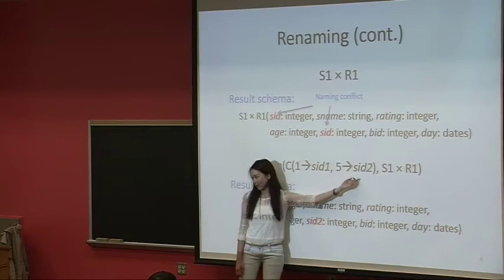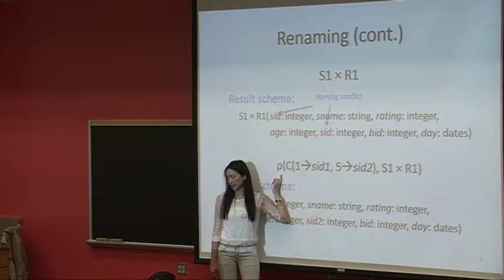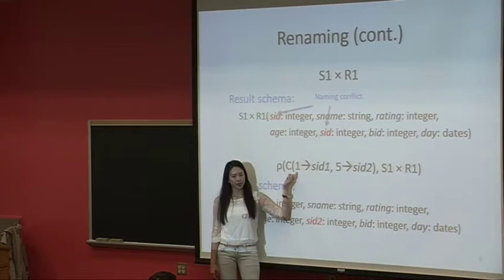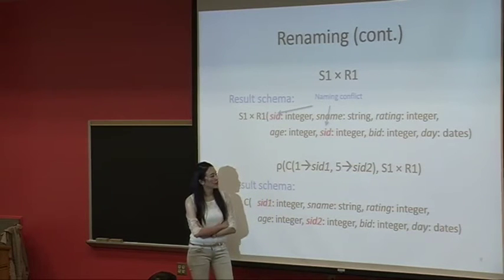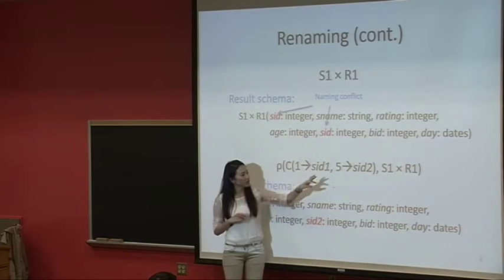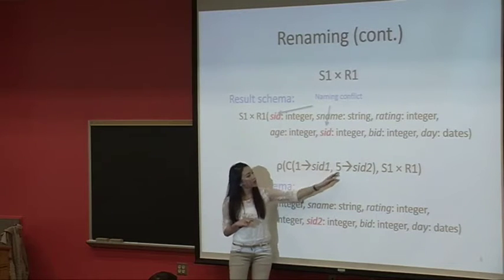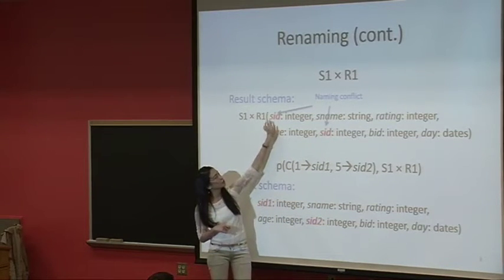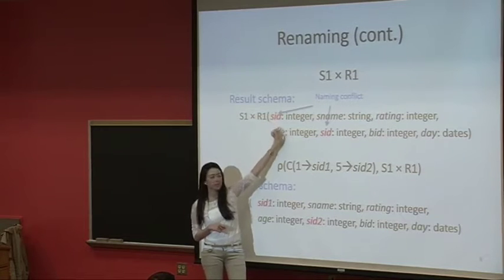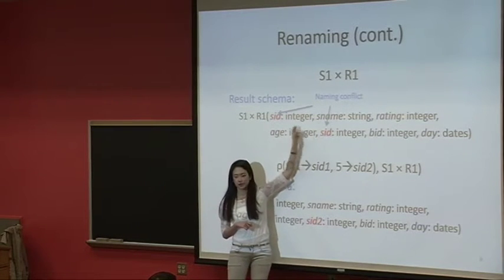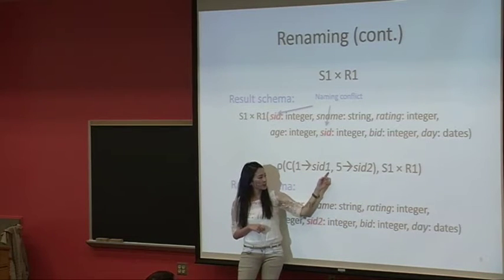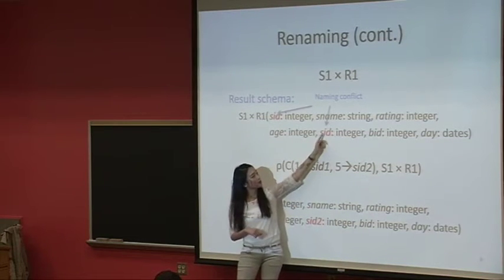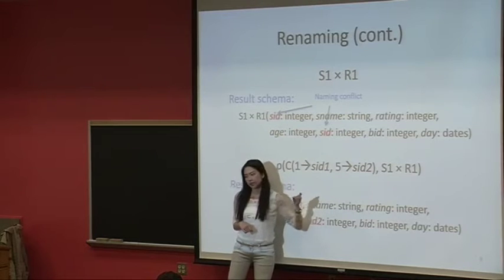So what's within the parenthesis? Yeah, so this 1 and 5 right here directly refers to, this is the position 1, and that's position 5. So we just directly call it. Okay, and we say we want it to become SID1, and the fifth field become SID2.